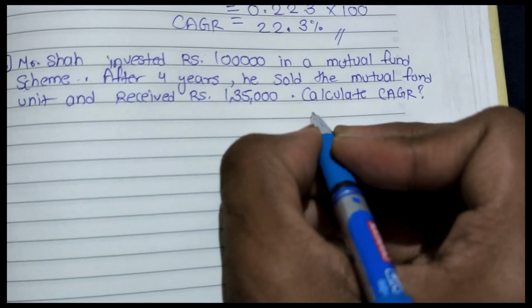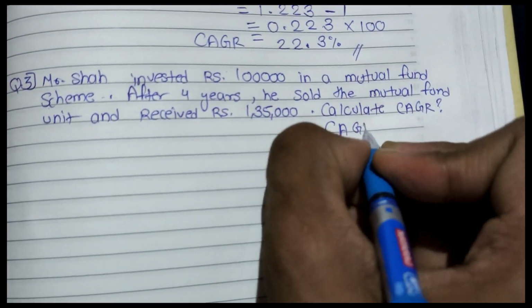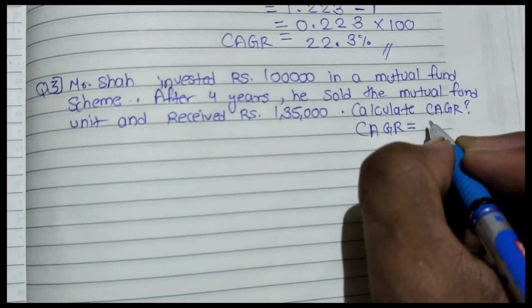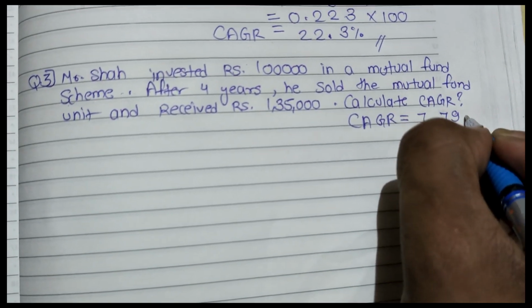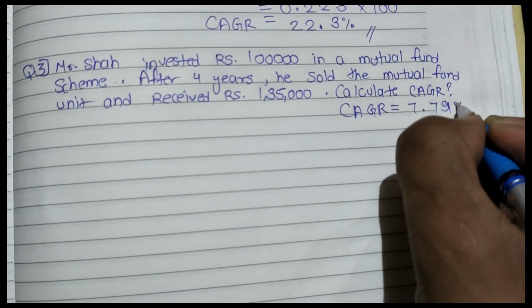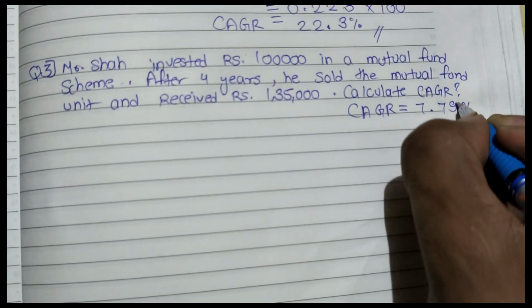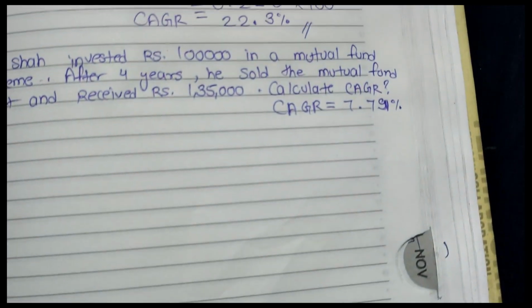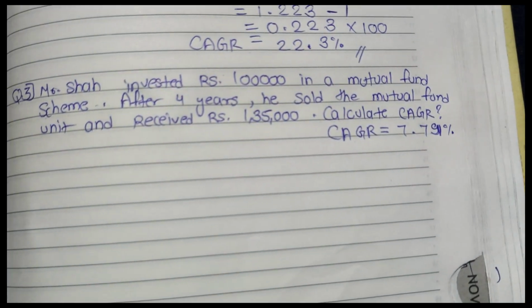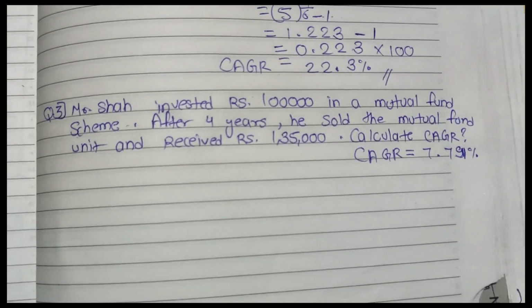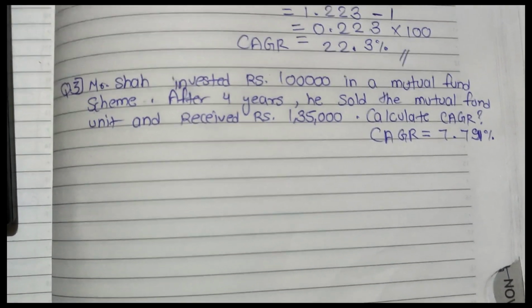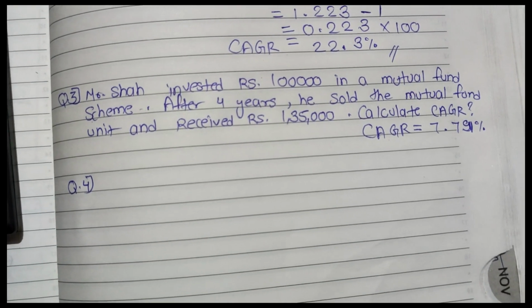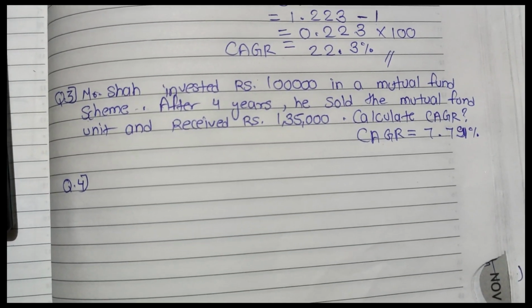I will write the answer here: CAGR value is 7.791 percentage. Let me know in the comment section whether you got the answer right or not.